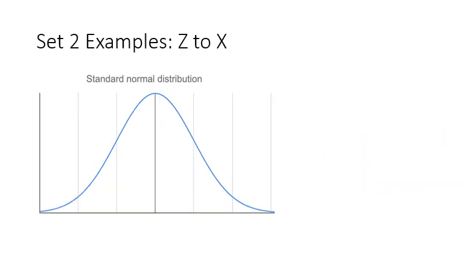So let's quickly set up the distribution in the same way. Here is the Z distribution. We have 0, 1, 2, 3, -1, -2, -3. And let's set up our fitness test distribution, which has a mean of 50 and a standard deviation of 10. Here's 60.